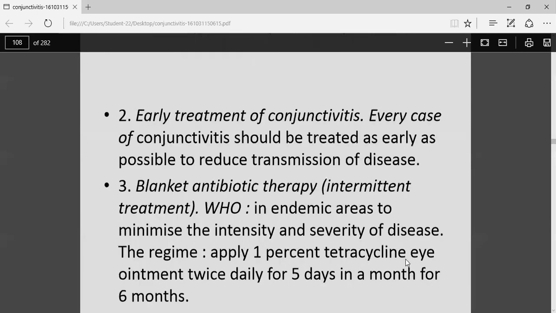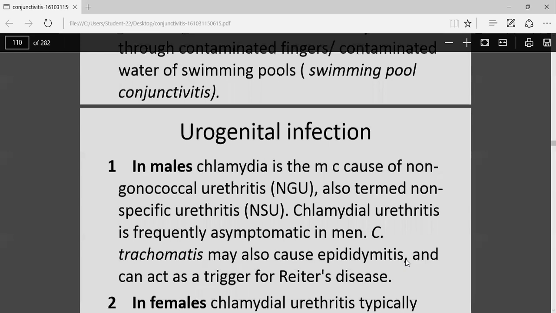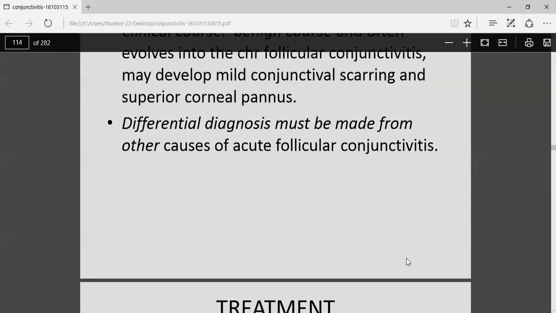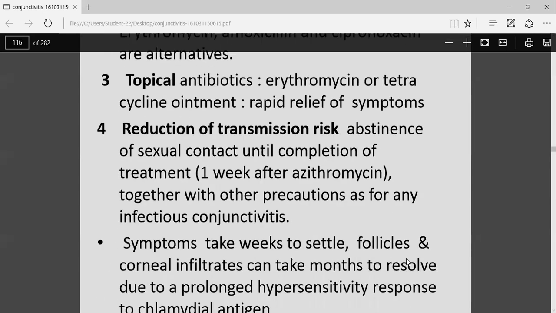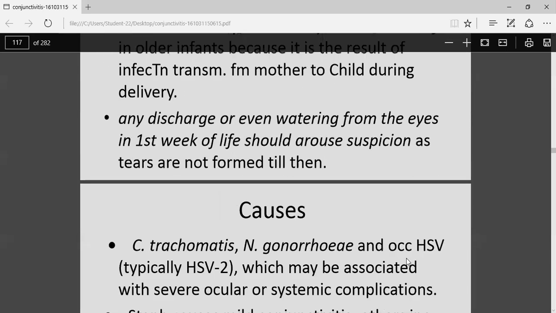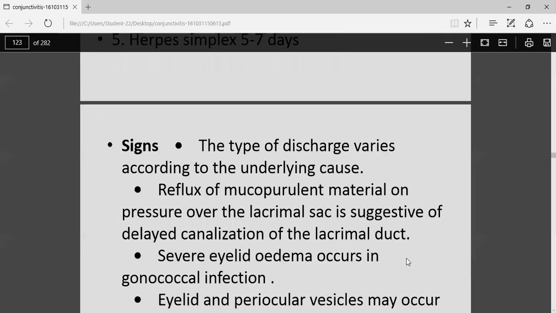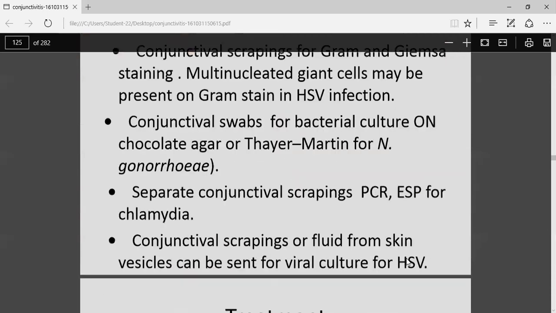And one of the students in the last class asked me about the perennial allergic conjunctivitis. Today we will be covering that topic also. Neonatal, the ophthalmia neonatorum, we have covered this one also.